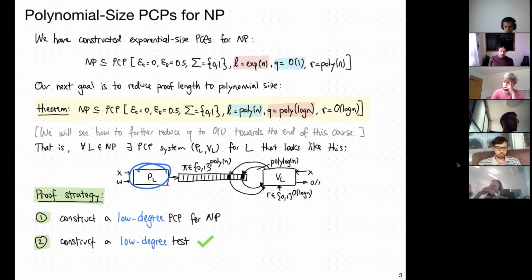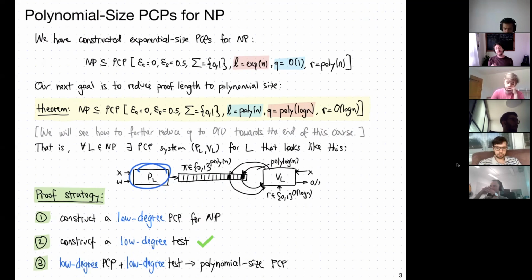We already constructed a low degree test, which we did in lecture number 3. Then we'll use it to show that in general, one can take a PCP which assumes low degree, and use the low degree test in order to deduce these polynomial size PCPs. So that's the entire strategy.